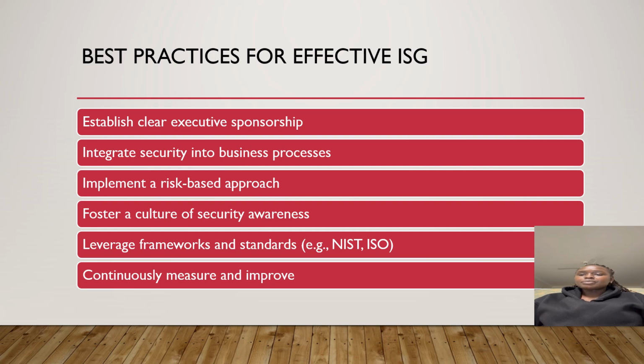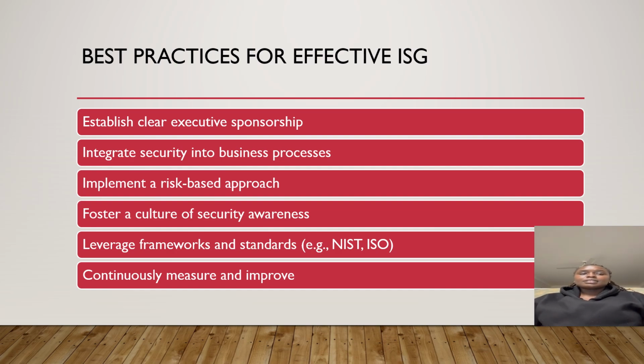A risk-based approach helps focus resources on the most critical assets and threats. Fostering a culture of security awareness engages all employees in protecting information. Leveraging established frameworks and standards provides a solid foundation for governance. Finally, continuous measurement and improvement ensures the security program evolves with the organization and threat landscape.